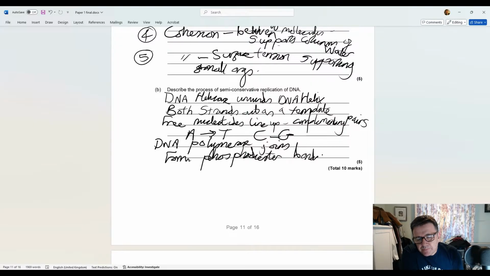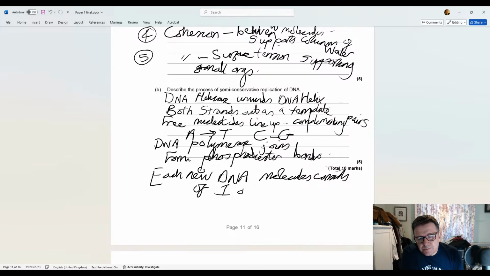Use them. And then the key thing is each new DNA molecule consists of one original strand.